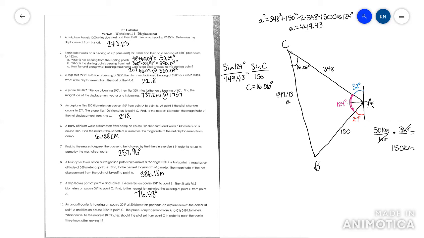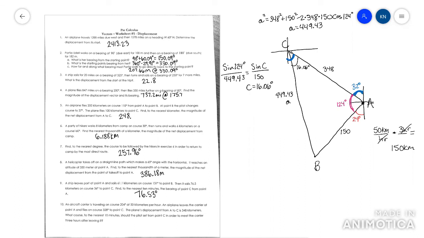Okay, what they're looking for, remember, was this direction, looking that way. The way you're going to get this is by doing this. You're going to need to realize that this blue angle right here matches this blue angle right here.